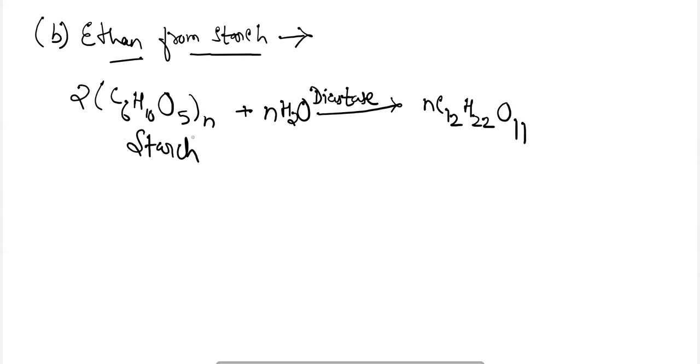Now at about 305 Kelvin, yeast is added to this maltose.